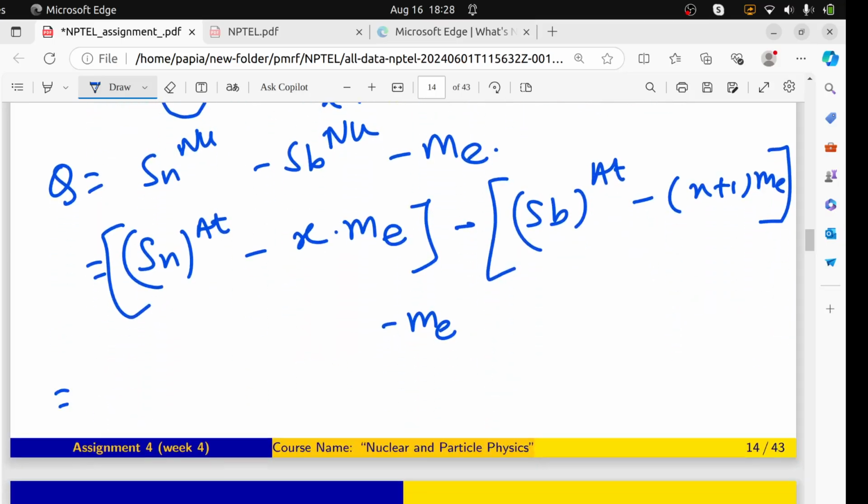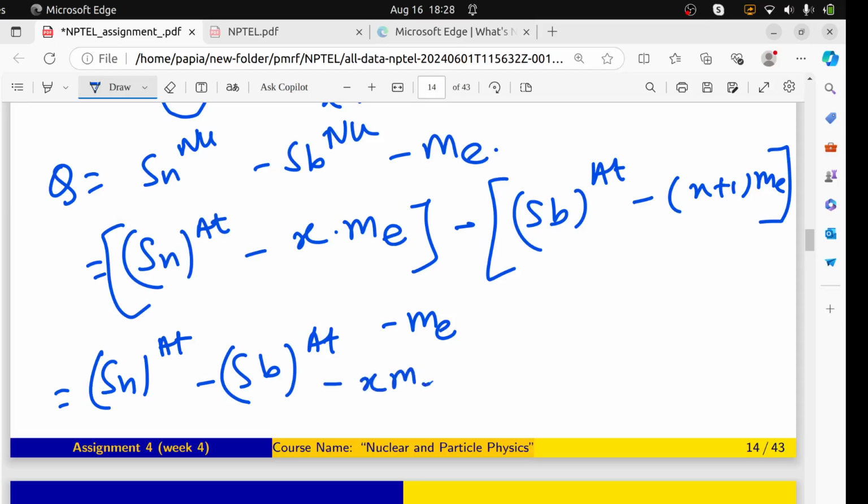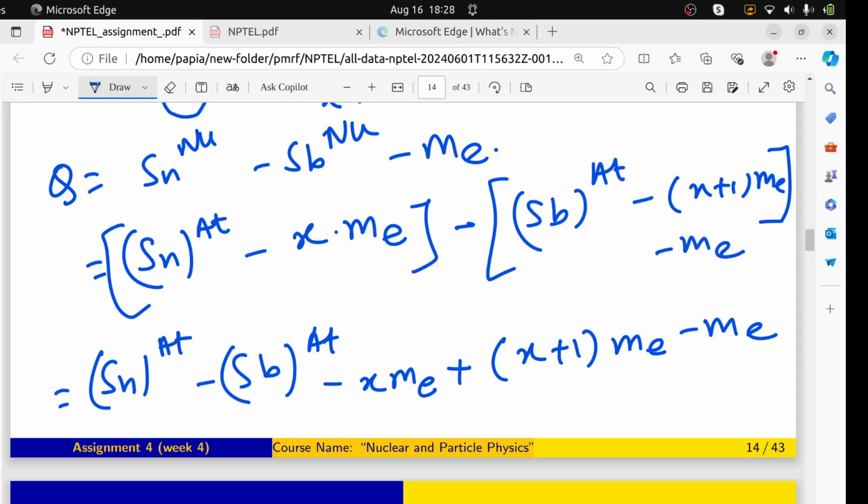I'm just writing each and every step so that you can understand. So Sn At minus Sb At. Now you see that minus x Me minus minus plus x plus 1 Me minus Me. So this is simply mathematics.